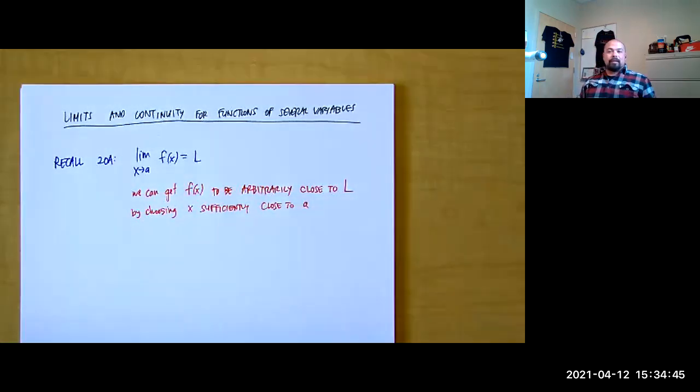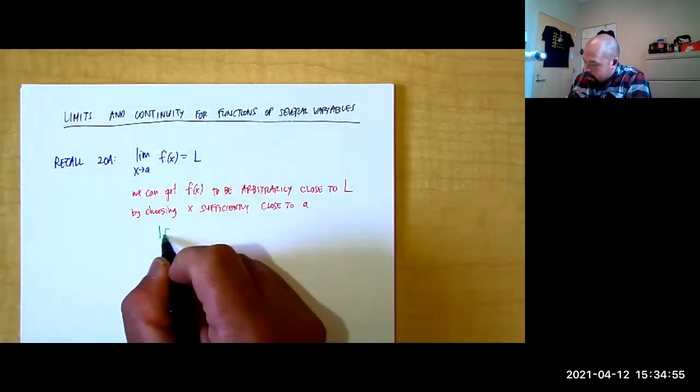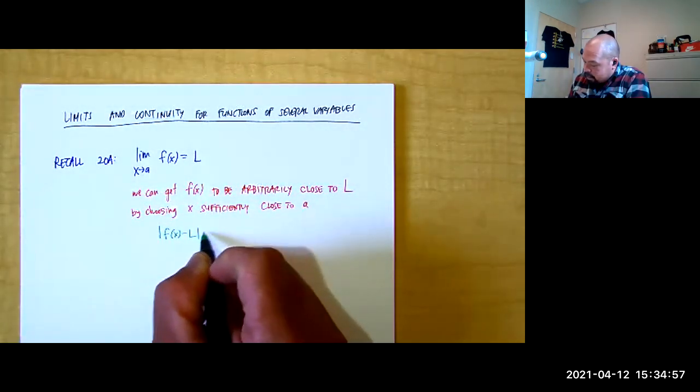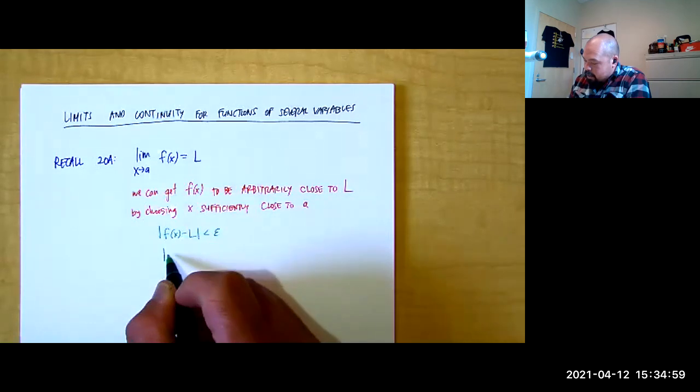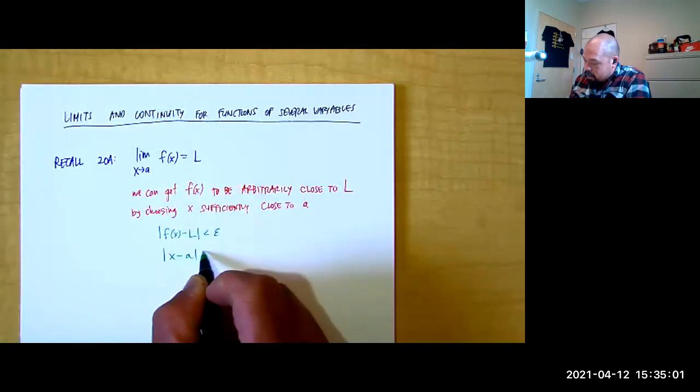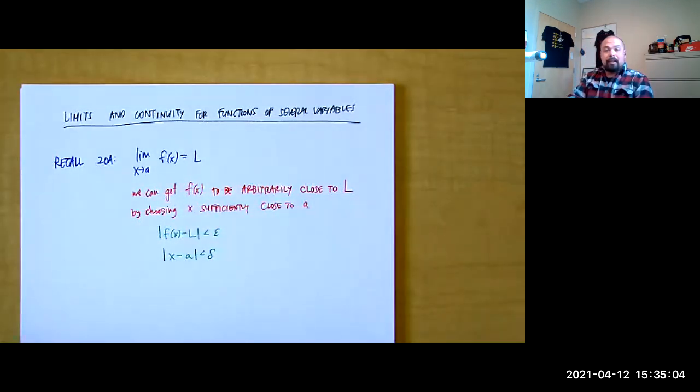And we have the epsilon-delta definition, the epsilon-delta proofs for that work as well, right? That we can make f of x minus L less than epsilon as long as x minus a was less than delta.